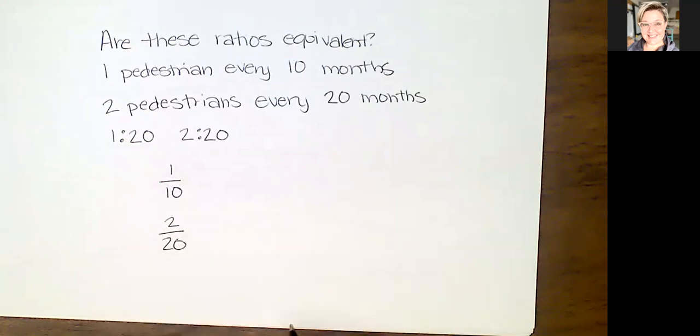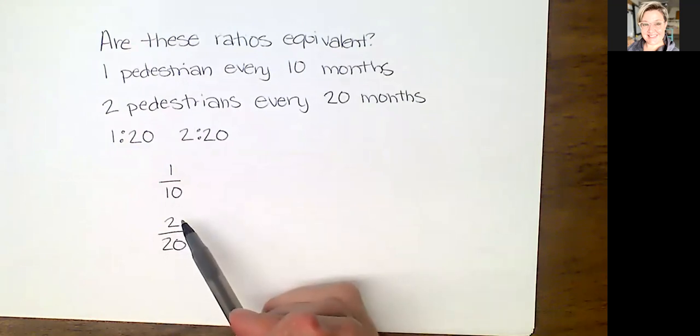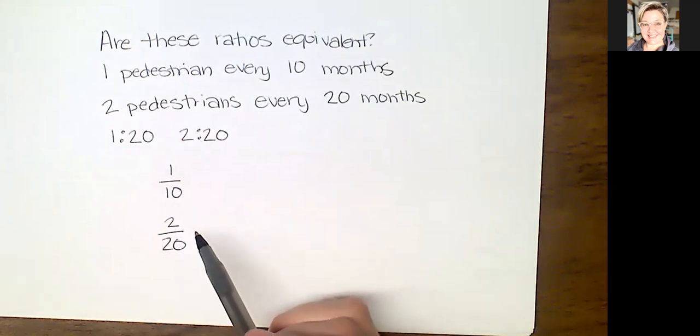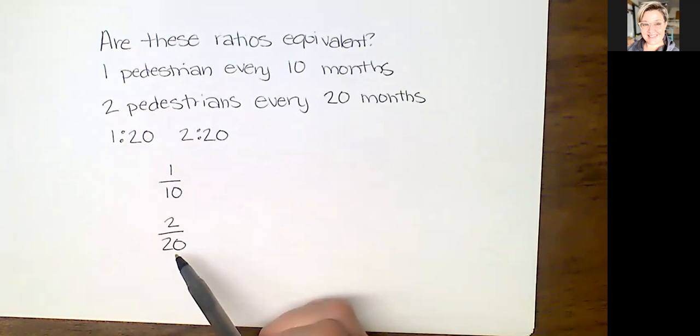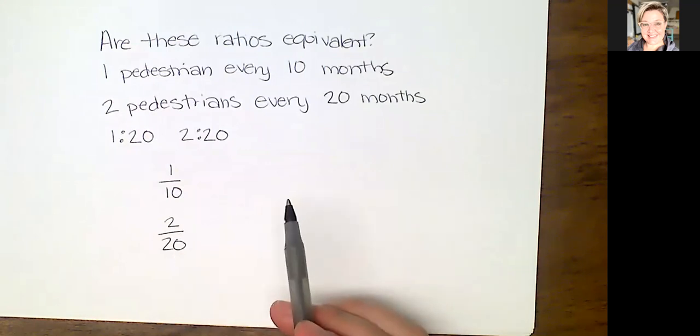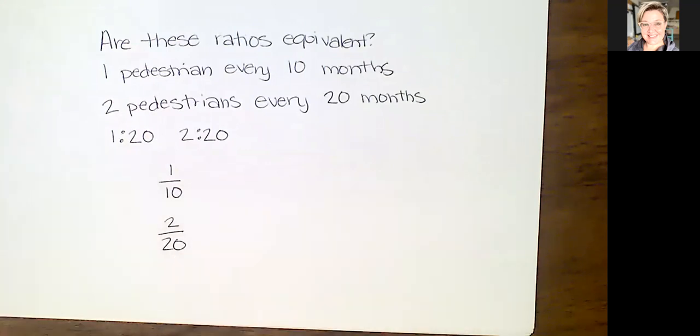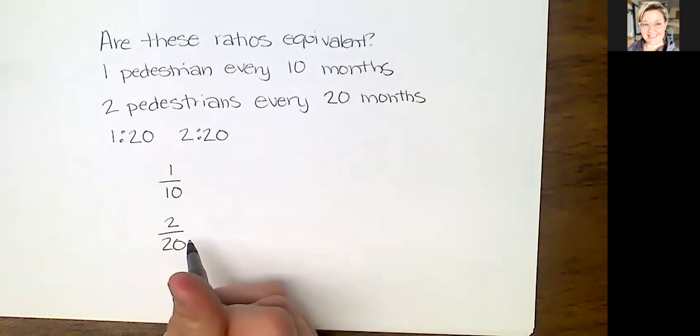Okay, so what we're going to do is try and figure out if these two are equal or not, if the ratios are different. Okay, so when we have this, we know what the fractions are going to be, 1 over 10 and 2 over 20.